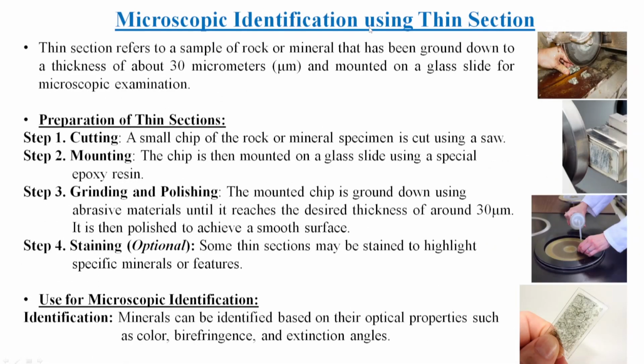Then there is another technique to identify minerals, which is the application of an optical microscope. But before looking into an optical microscope, you need to develop thin sections of a mineral or of a rock to see through in an optical microscope.